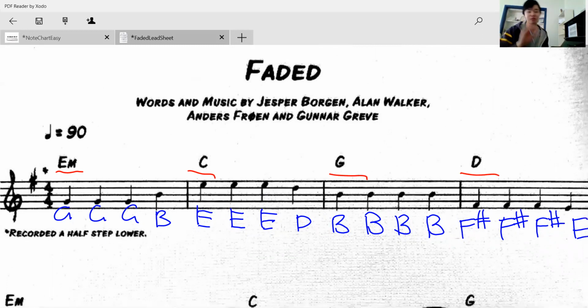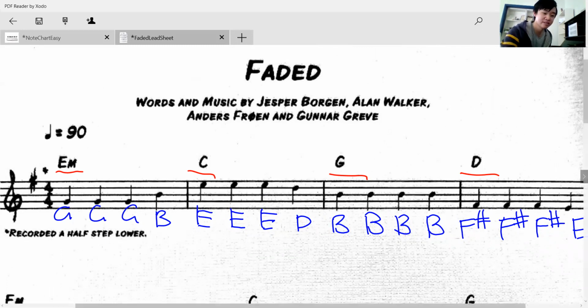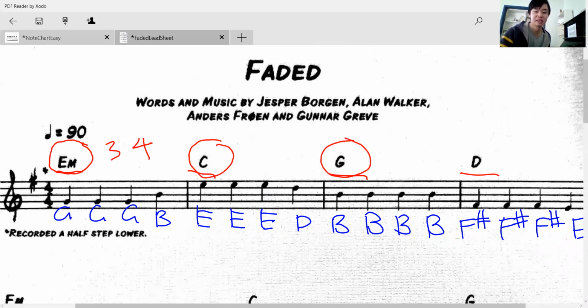Now, the ones with the M next to it are going to be a minor. So we can see there's only one minor chord here. So this is going to be 3 and 4. Okay, and you can see the rest don't have an M next to it, so they're going to be all majors. So these are all going to be 4 and 3.